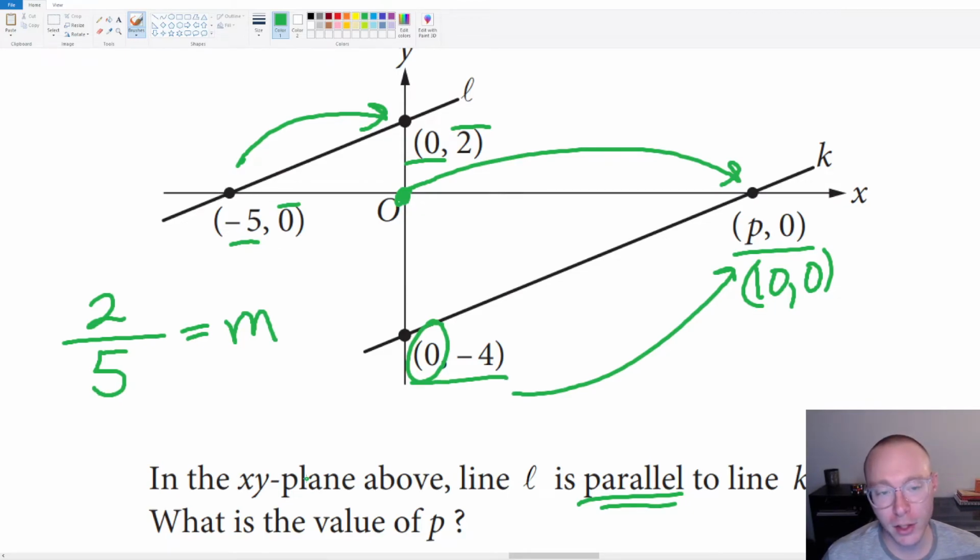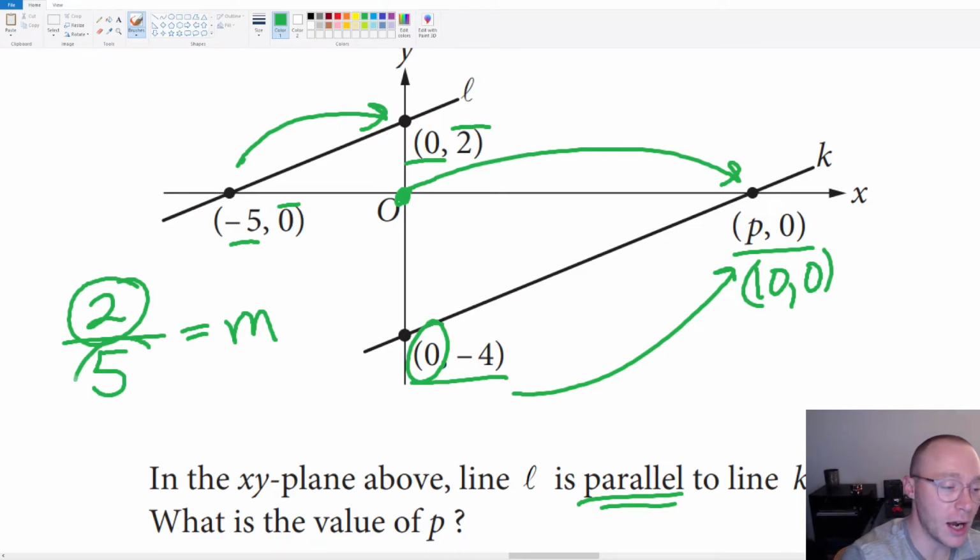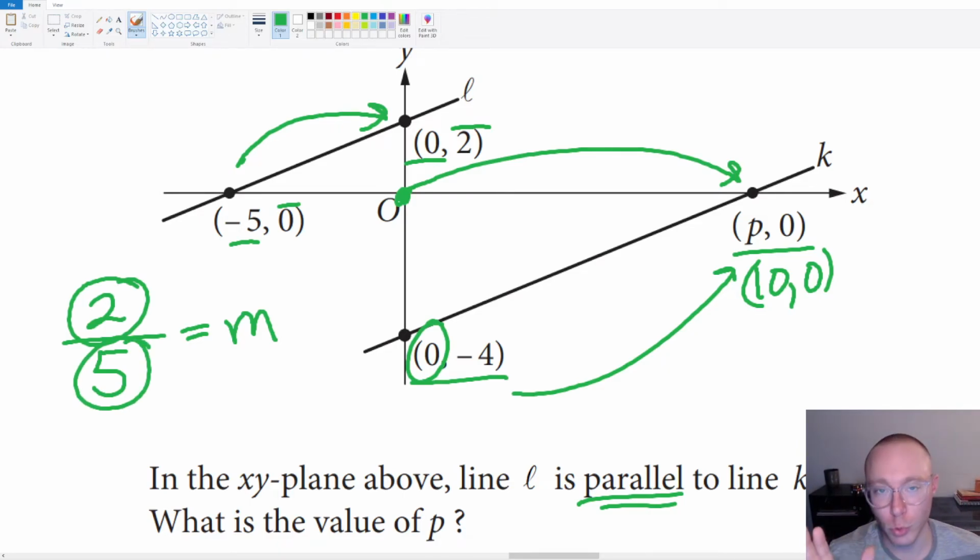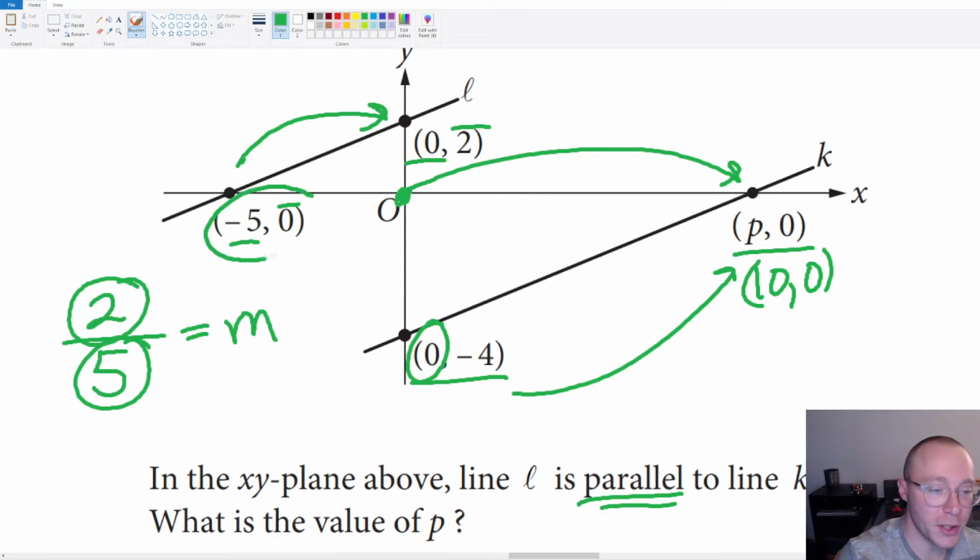It can be positive, it can be negative, and the important thing to remember here is that the numerator of a slope is the up and down number, and the denominator of a slope is the left and right number. If you can remember that, and if you can do some basic arithmetic and just count out how you're getting from one point to the other, you just extend that into line K, and you'll find yourself to the x coordinate, P equals 10.